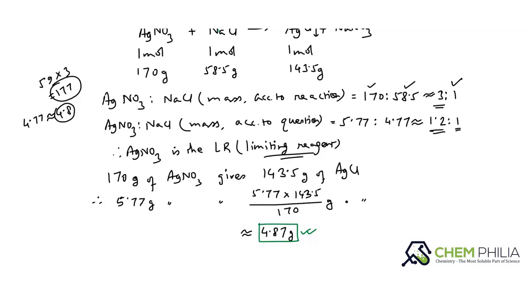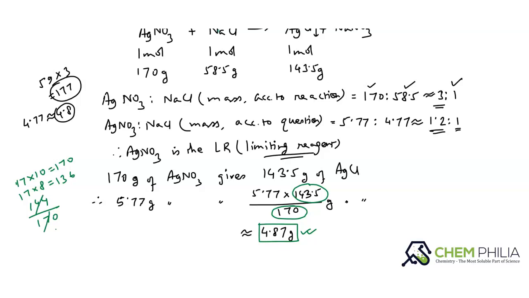Now you know how we can do these calculations in the exam hall or within a short period of time. See, it's 143.5, right? And it's 170. So 143.5 can be taken as 144 by 170. See, 17 into 10 means 170, and 17 into 8 means 136.